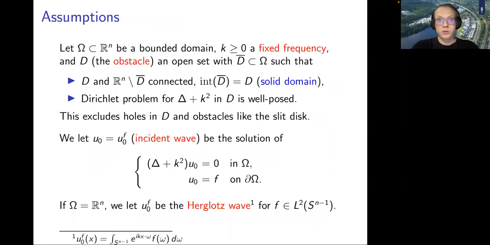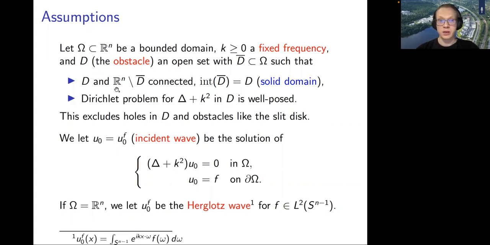Okay, so here is a slightly technical slide, but I'm just collecting the kinds of assumptions that are sufficient for these main theorems. Omega will be a bounded domain in R^n, and k will be a fixed frequency. It can also be 0. D will be the obstacle. It's an open set whose closure is contained in omega, and it satisfies some topological conditions.